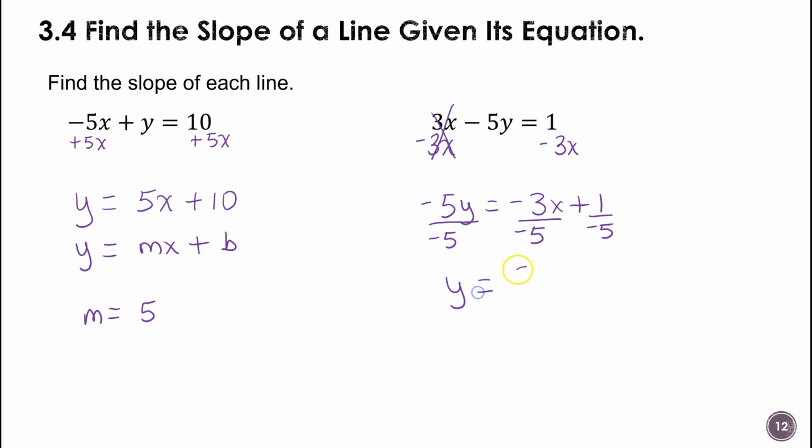So y equals 3/5 x minus 1/5. And now that we have it solved for y, we can name our slope. It's right there, the 3/5, right? The coefficient of the x term. And be careful with signs when you're solving. Notice I had to divide by a -5.